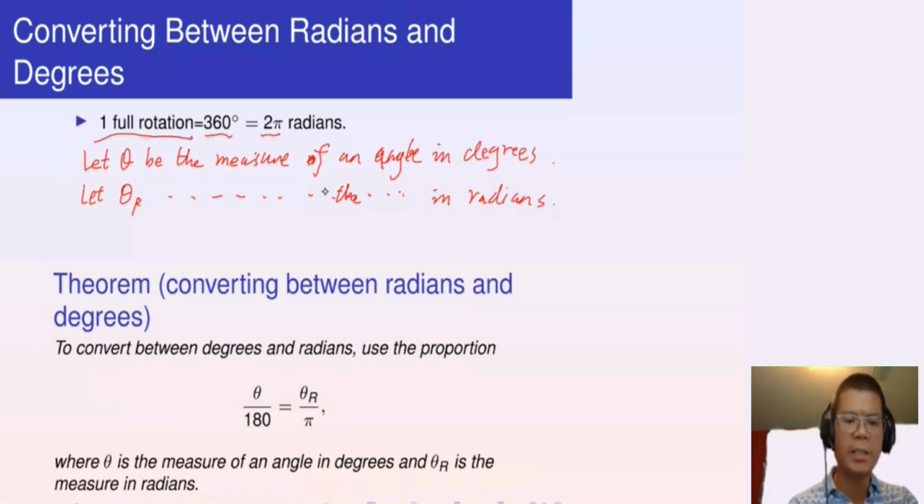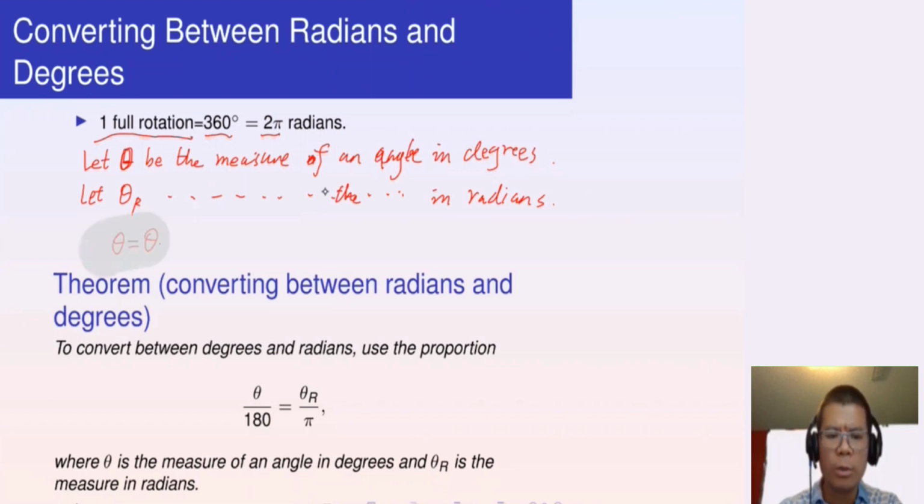I have theta and theta r. Then they should be the same because they're of the same angle, right? The amount of rotation is the same. So we should have what?